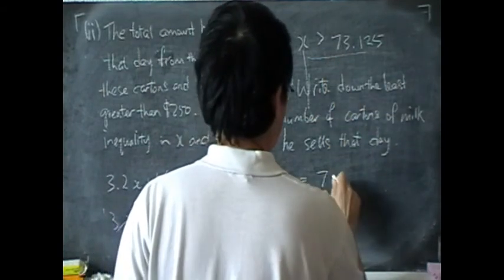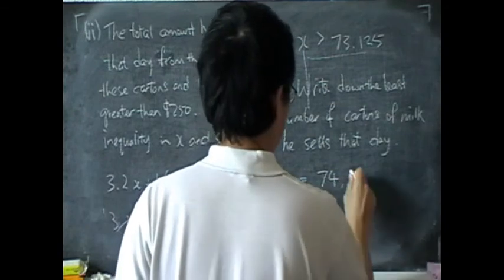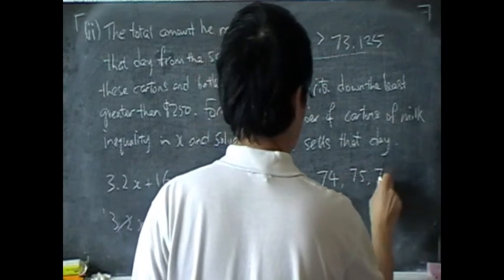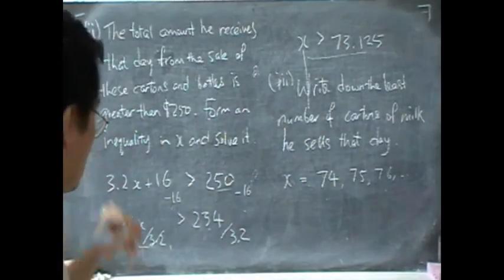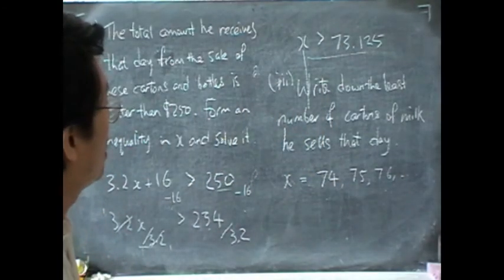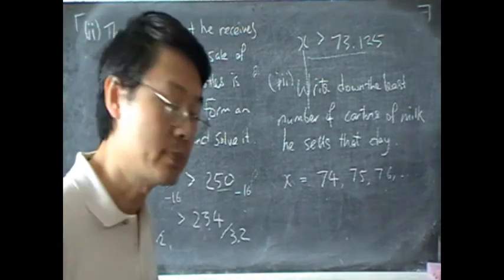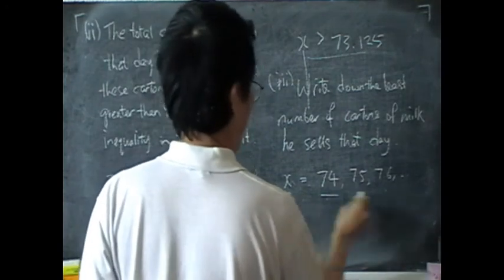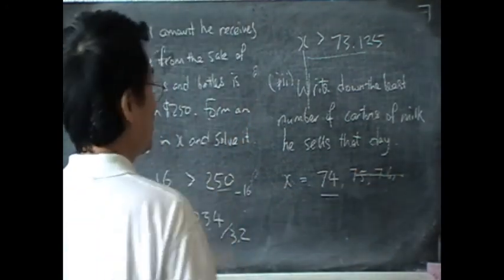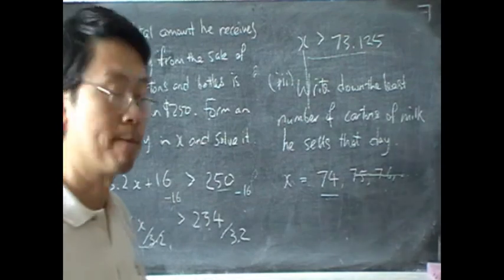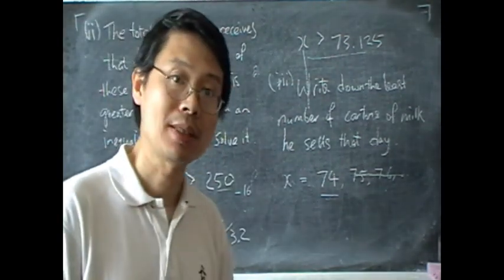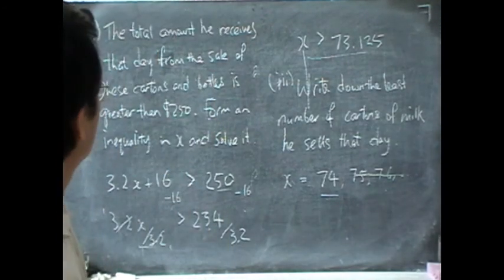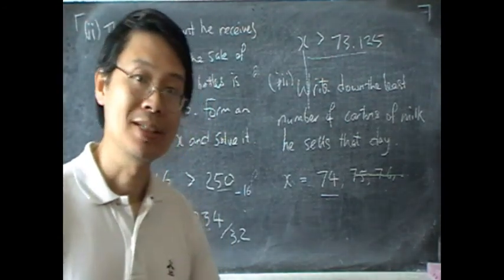X can be 74, 75, 76, and so on. So it can be any of these numbers. And the least number, therefore, is 74. And that is the answer. 74 is the least number of cartons of milk he sells that day. Right, we'll stop here for this session. See you next time.